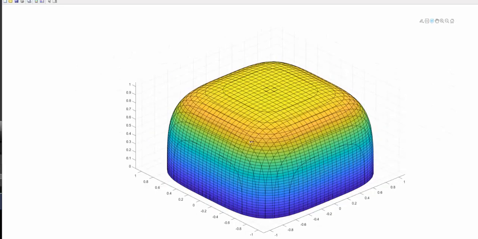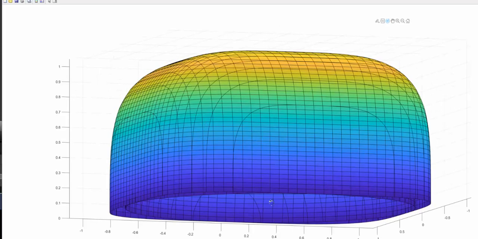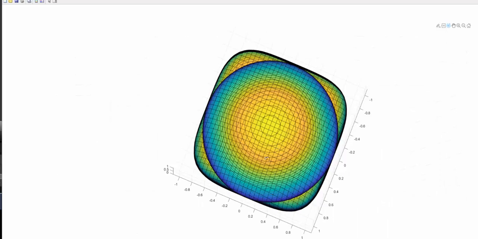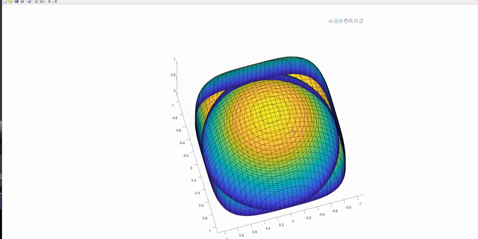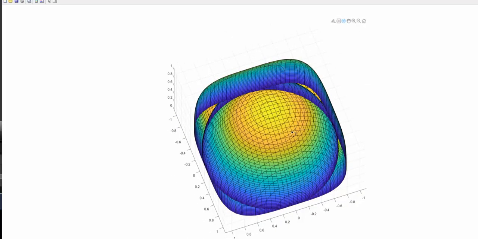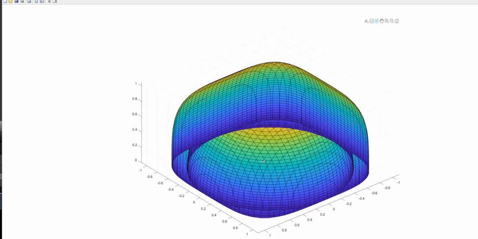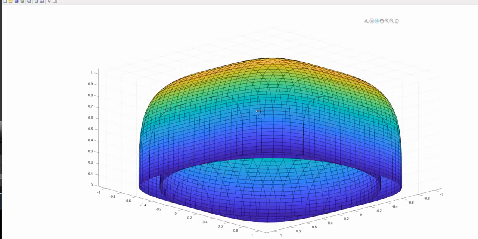Yes, here it is. Or maybe I'm overheating this computer. Just trust me, there is a lag.